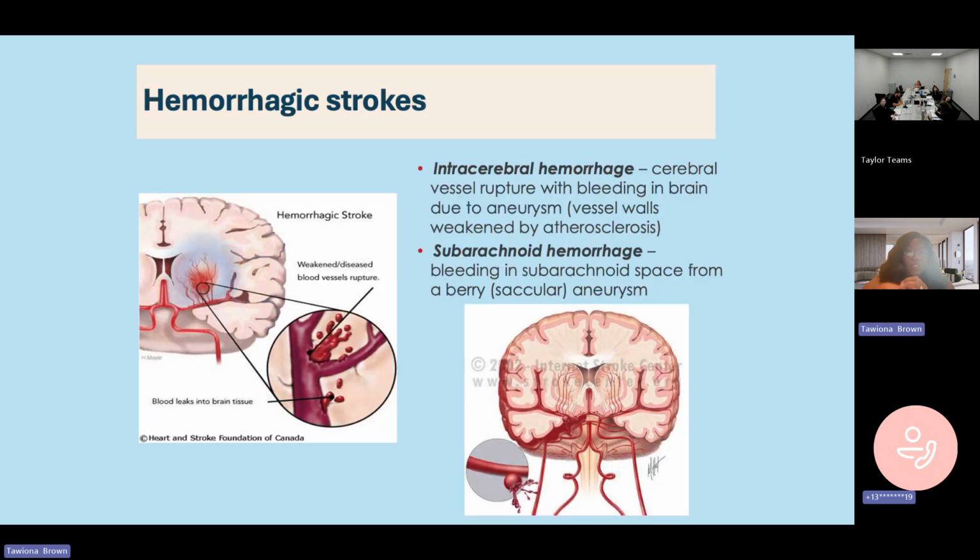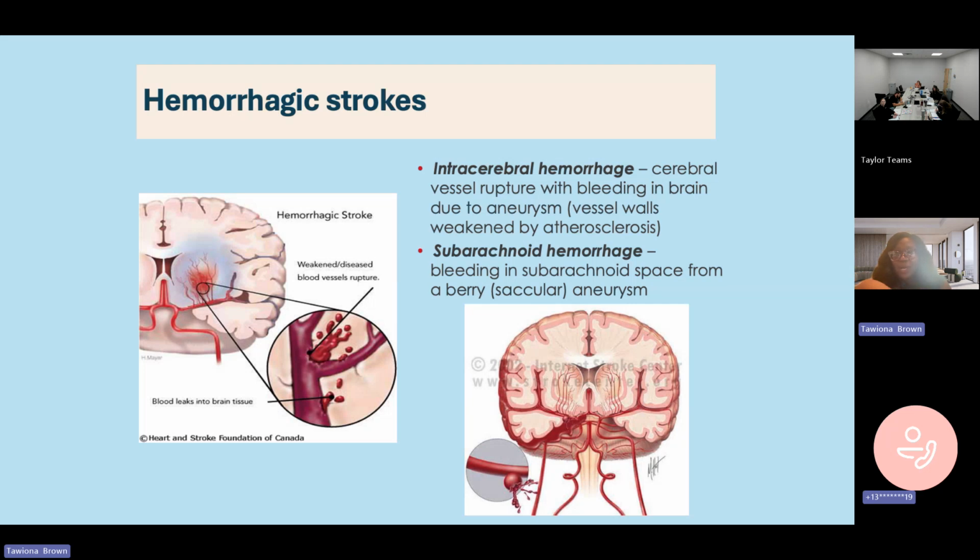Switching over to hemorrhagic strokes. Remember, this is when you have bleeding either in the brain or on the brain. You have two types that are probably the most problematic. The first one is an intracerebral hemorrhage, and normally that's going to be a rupture of an aneurysm within the brain, causing bleeding that's going to press against cerebral tissue.